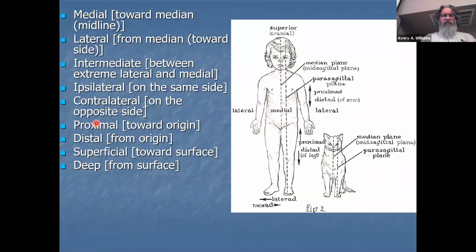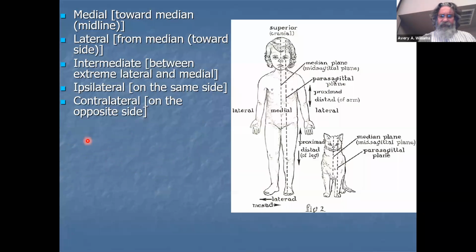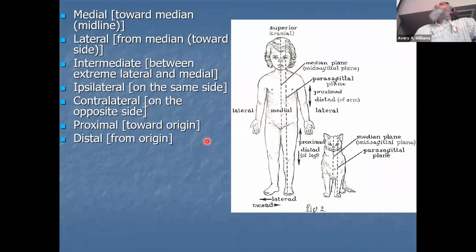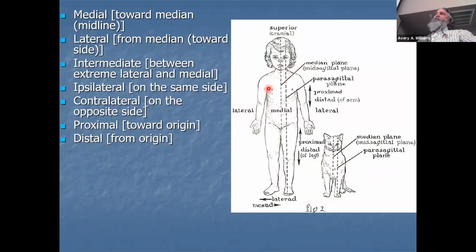Next are proximal and distal. Let me page up a little bit. Right here, these two directional terms: proximal and distal. A lot of times when you hear that, they're referring to appendages. Proximal means toward the origin, and distal means away from the origin, assuming that your appendages originate or start at the axis.